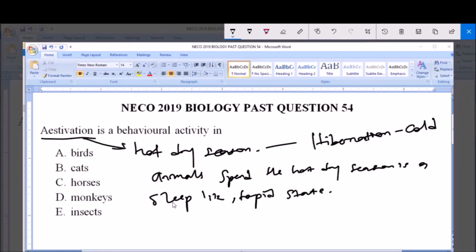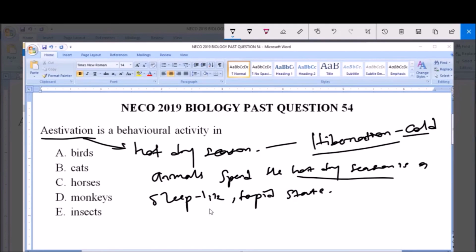That is, these animals go into a sleep-like state. They become inactive during this hot dry season. That is estivation. It is the opposite of hibernation. During hibernation, the animal goes into an inactive state during the cold season, but in estivation, it is during the hot dry season.